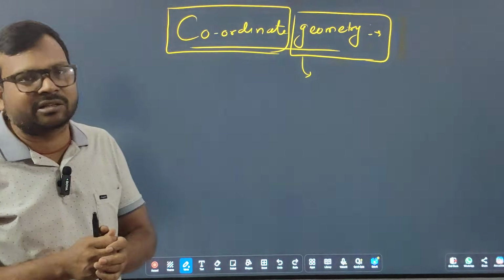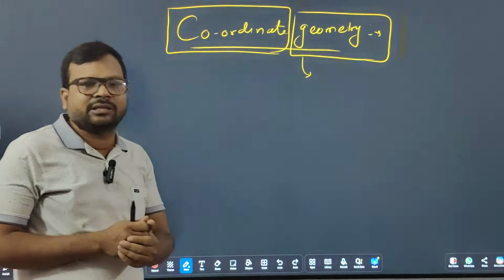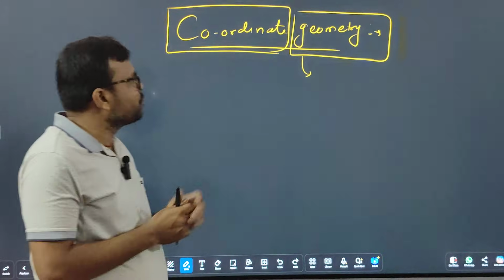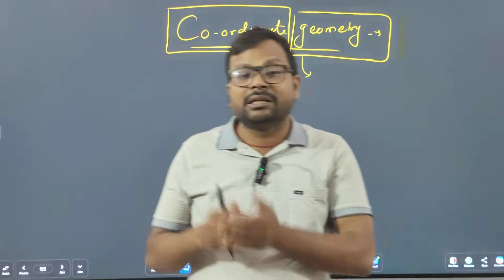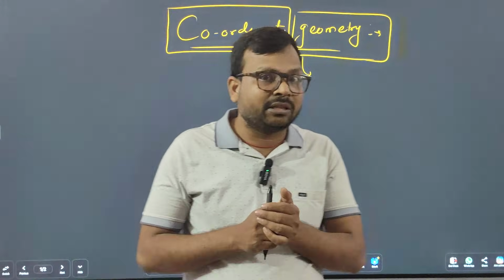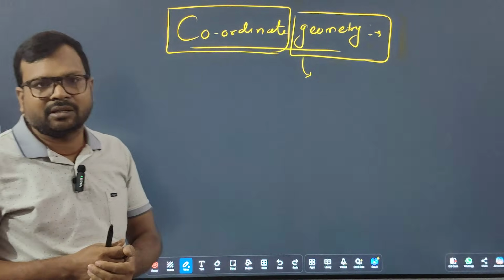All of these are related to geometry. But there is a special kind of geometry called coordinate geometry, in which you are given a location and still you have to find the length, area, that means distance, area. Then how you will find that, this chapter will tell.